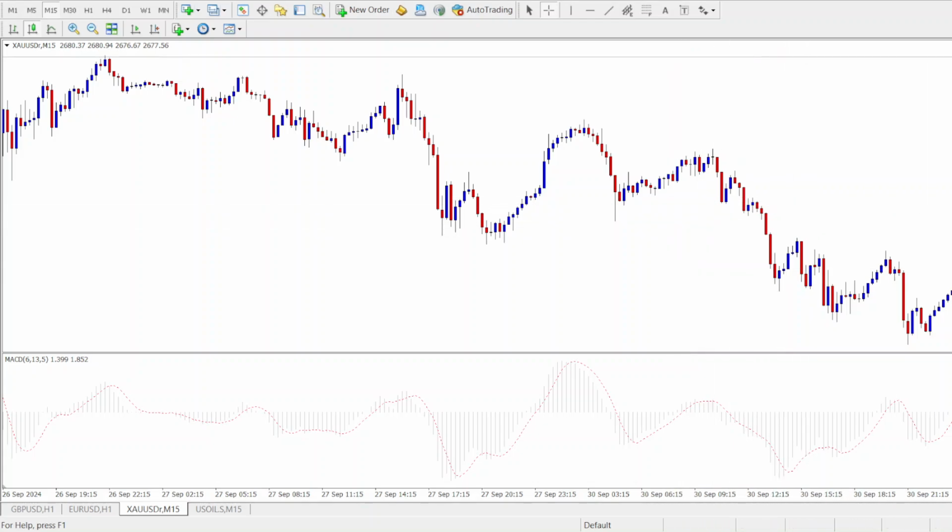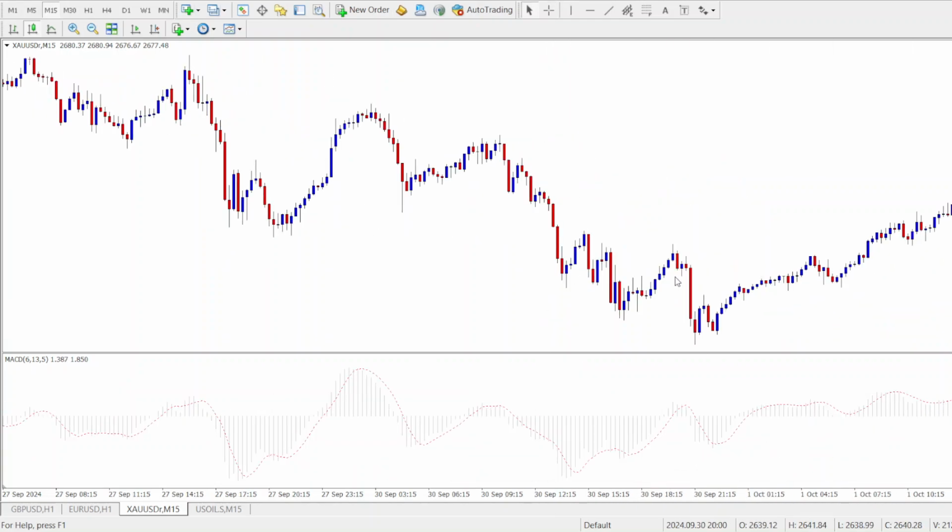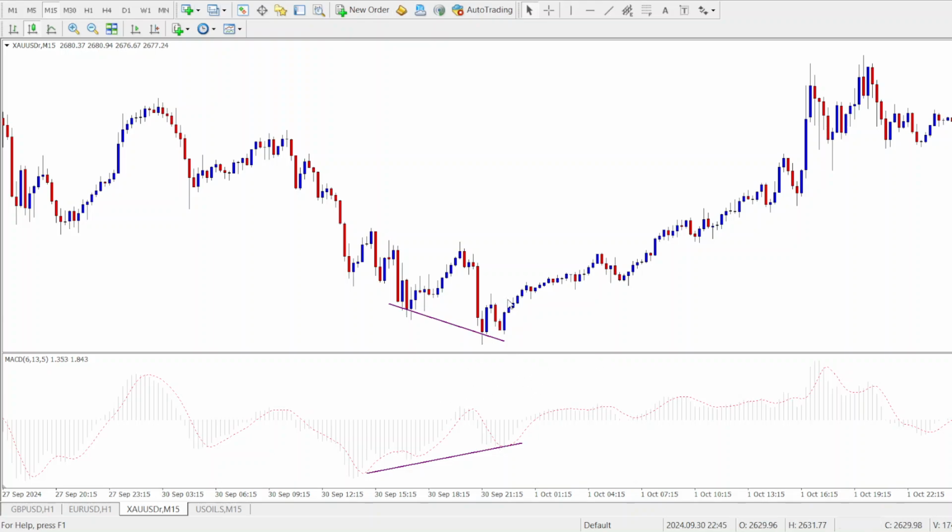And then you can also use divergence for extra confirmation. We've talked about divergence in a previous video. However, just very briefly, for a bullish divergence, if the market makes lower lows, as we can see here, and the MACD is making higher lows, it shows that a potential bullish reversal is about to happen, and we can see that eventually the price reversed in the bullish direction.